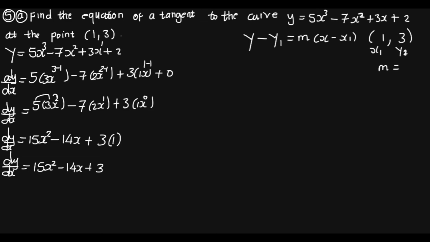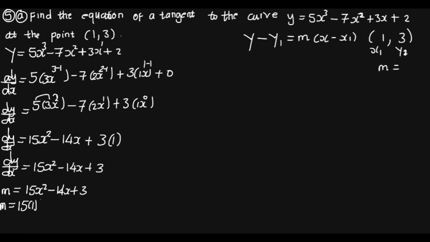So after finding the first derivative where there is dy over dx, we substitute with m for the gradient: 15x squared minus 14x plus 3. Now from the point that we are given, (1, 3), the first coordinate 1 represents the x coordinate, so we are going to substitute x with 1. So let's find out the actual answer for the gradient.